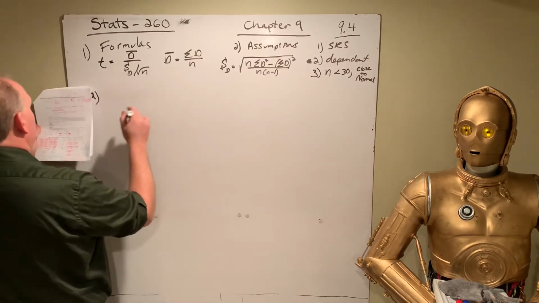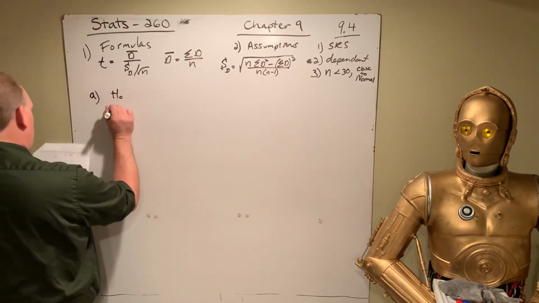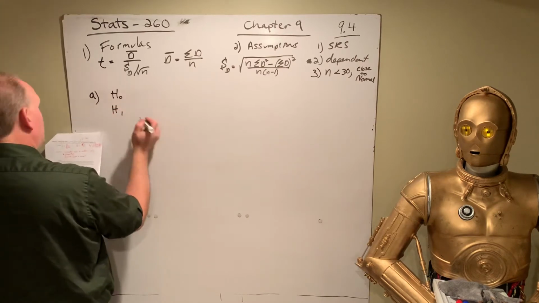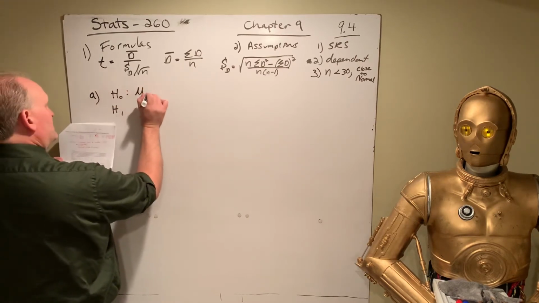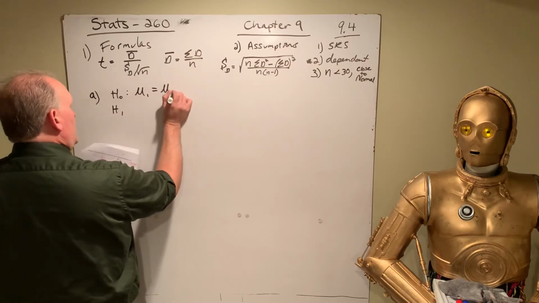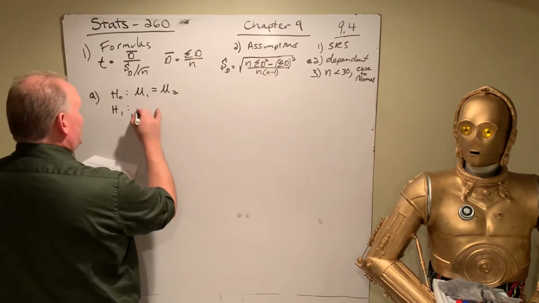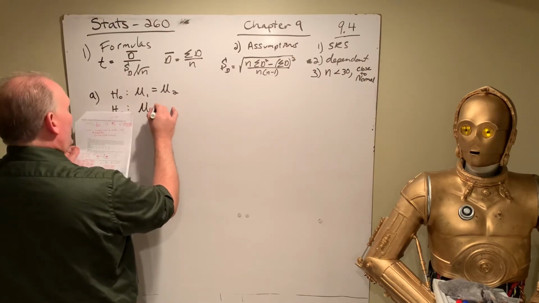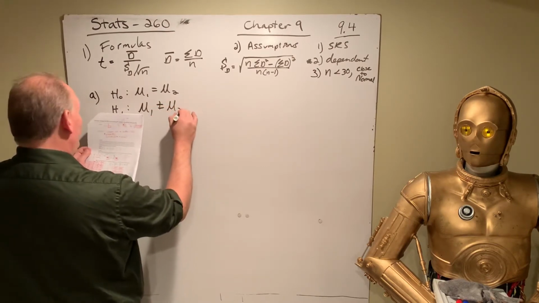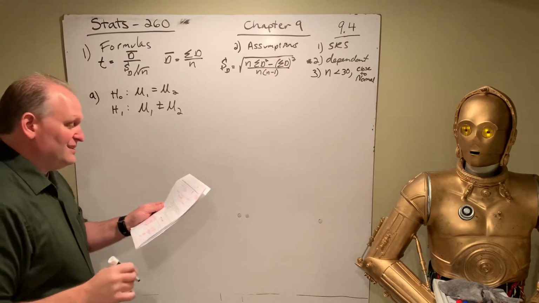Like A is what's the null and the alternative hypothesis. So the null hypothesis is no change. You took the diet things and there's no change. The alternative hypothesis is they're different. I would think we'd want it lower, but maybe it's good cholesterol. So they just said difference.